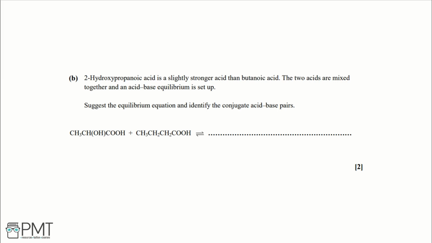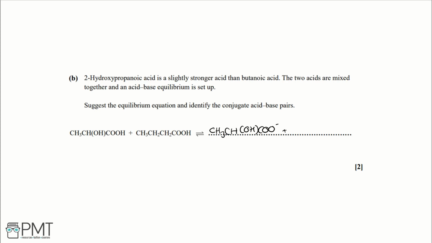Because 2-hydroxypropanoic acid is the stronger acid, it's going to make a conjugate base of CH3CHOHCOO minus.